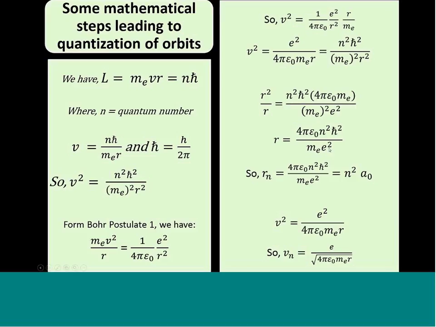So untuk Rn ni, which also equal to n kuasa 2 A0. V kuasa 2, so yang ni tadi, Vn, kita dapatkan E per dengan pi, and so on lah.